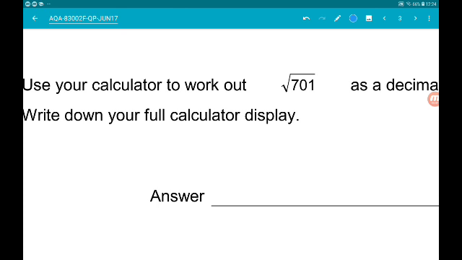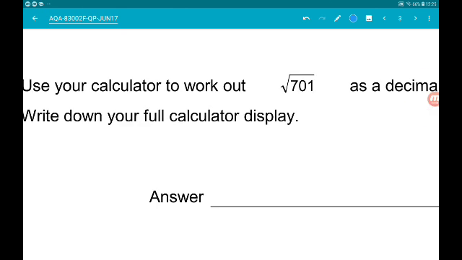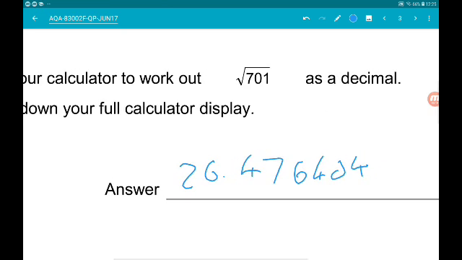To turn that into a decimal, press the SD button. So I get 26.476404 59.